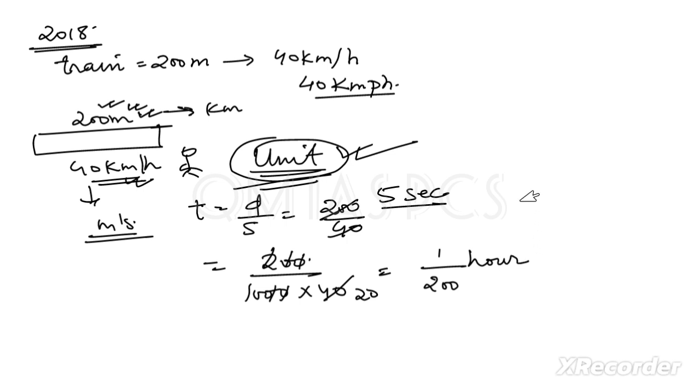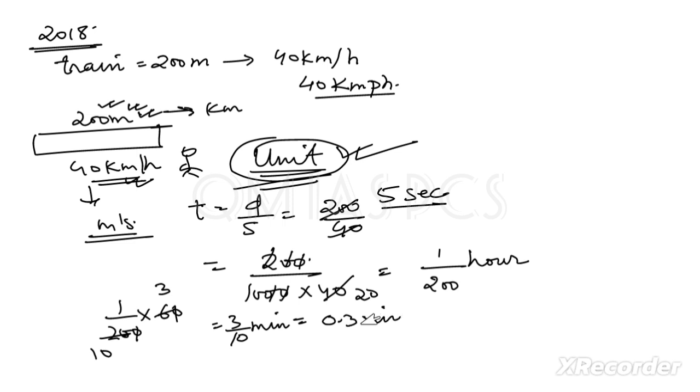Now you can convert this hour into second or minute, whatever the option is. If you are converting this into minute, just multiply by 60. So the 0 is cancelled, it is 3 by 10 minute, or you can say 0.3 minute.